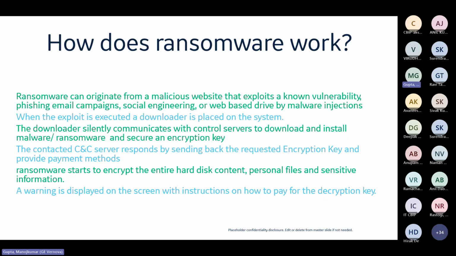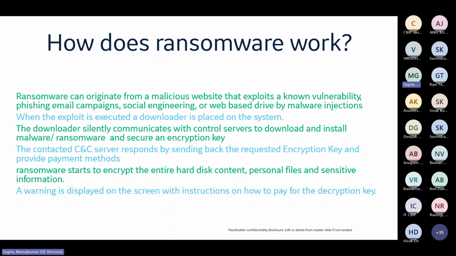So again, I am repeating how ransomware comes into our system. In the very first step, unknowingly, when you are doing some social engineering, opening a website, or hosting a web server with weak IIS and weak encryption, or via email phishing, you click emails containing the downloader.